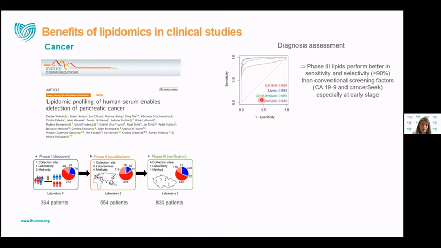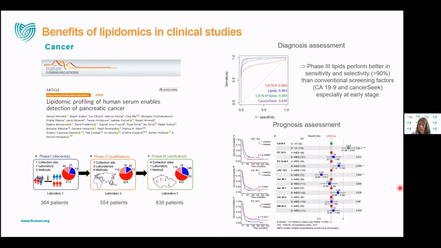And combined with a conventional factor, they obtain better performance. They have also shown that some of the identified lipids were good candidates for prognosis assessment as well.